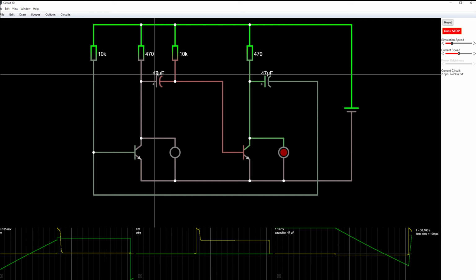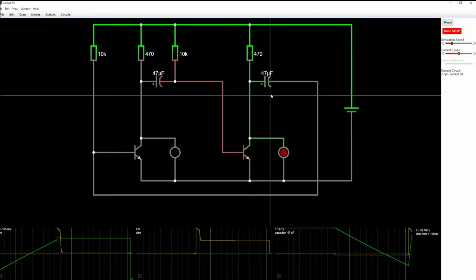If you think of it like when you're asleep and you wake up in the morning, you're not instantly ready to do stuff. Your body needs time to adjust from sleeping to being awake. Or if you have a car, if you want to accelerate, it takes time to accelerate. It's the same sort of thing with the capacitor.